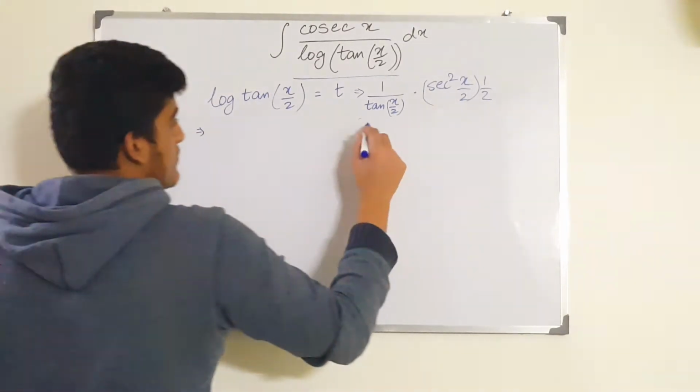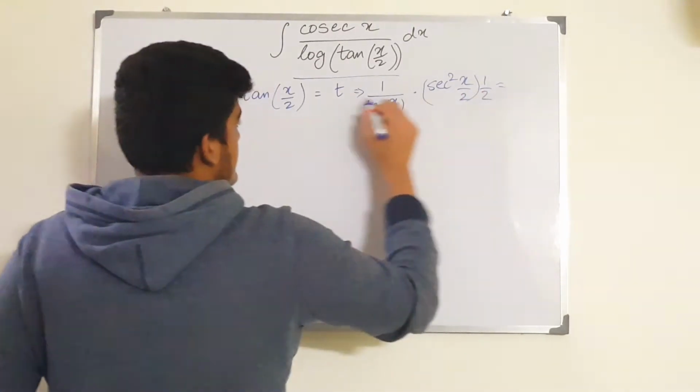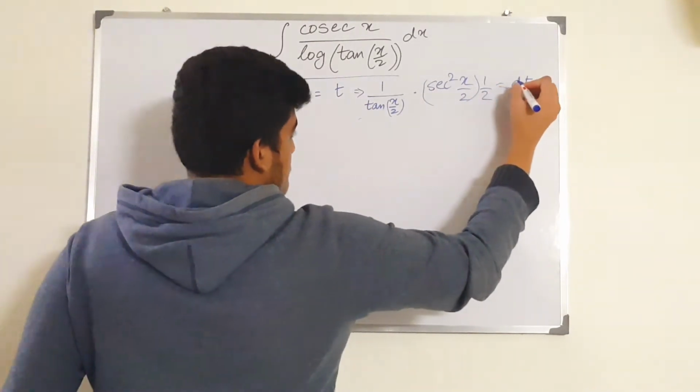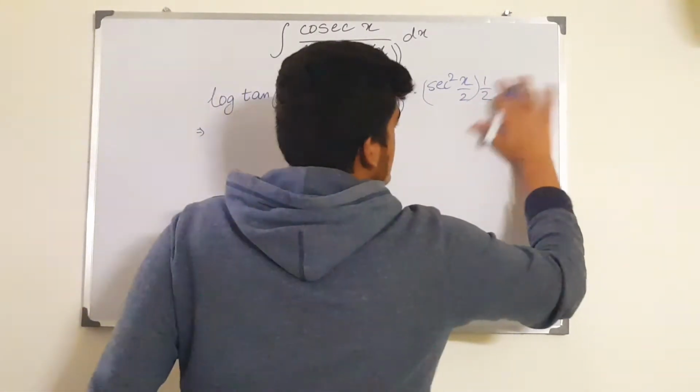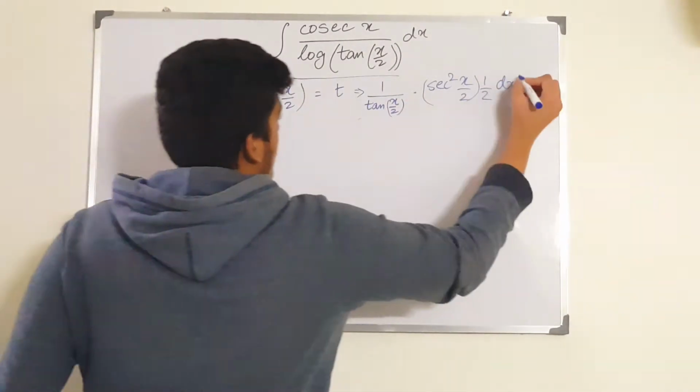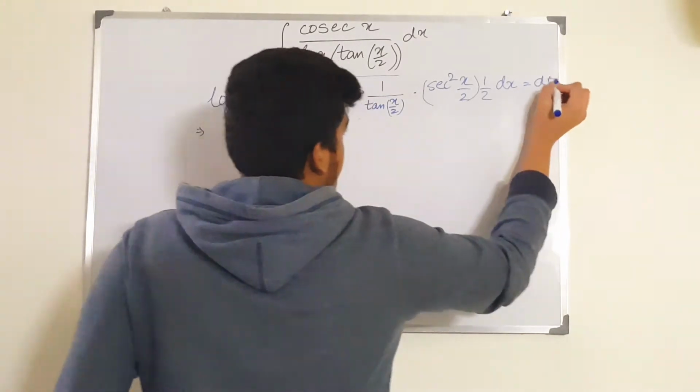So we have to simplify this now. This is equal to dt. Sorry, dx of this is equal to dt.